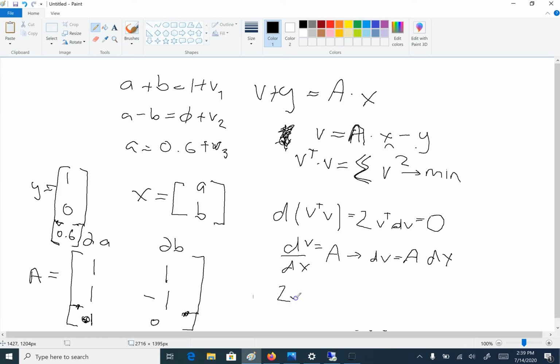So we get 2 v transpose A times dx; that is, we substitute this back into here, and that should be equal to 0. And so we can divide that by 2.